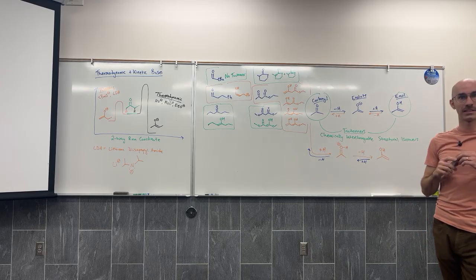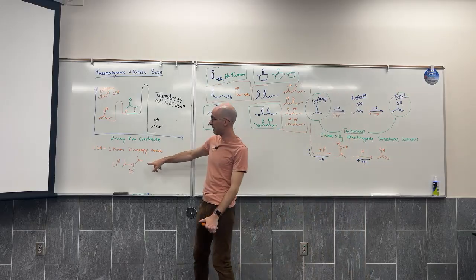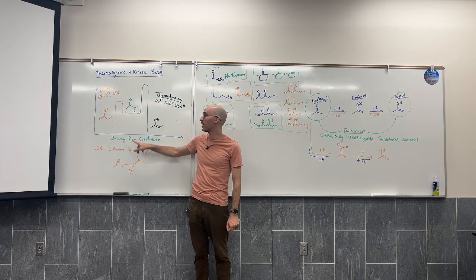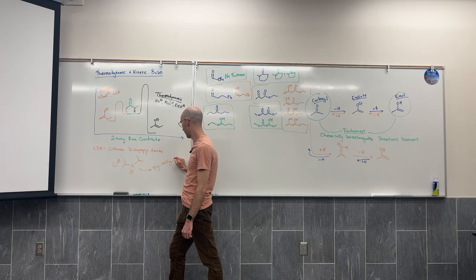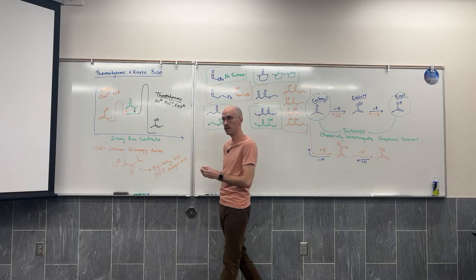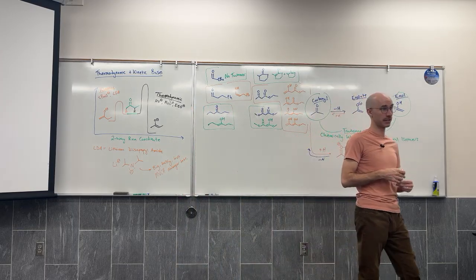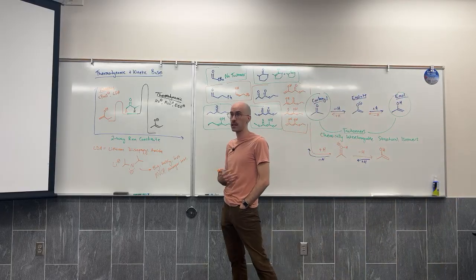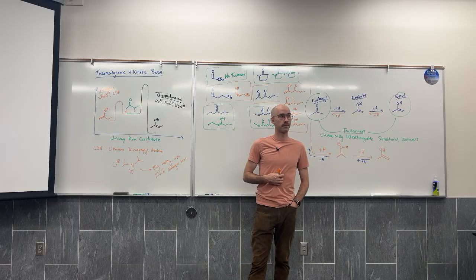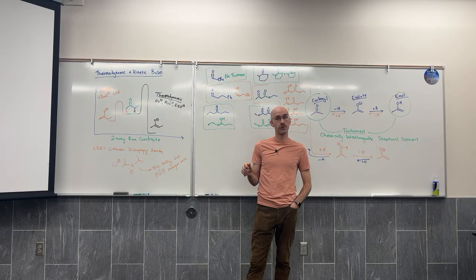What I want you to recognize about LDA is that it is big and bulky, just like tert butoxide. But it is a much stronger base. Tert butoxide is considered a strong base in OChem. Tert butoxide readily takes hydrogens away from a lot of things. But put a negative charge on a nitrogen and you have a much, much stronger base.